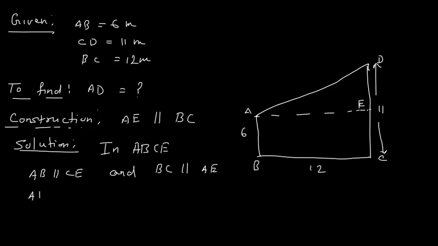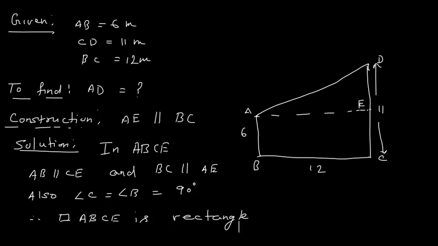Also angle C is equals to angle B is equals to 90 degree. Therefore this figure ABCE is a rectangle. Now as opposite sides are parallel, it is a parallelogram, and as one angle is 90 degree, it becomes a rectangle.